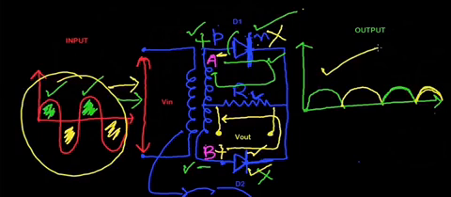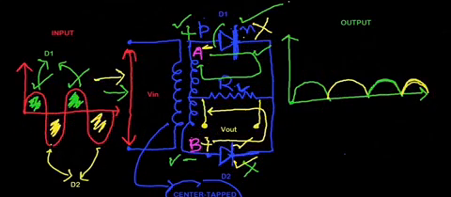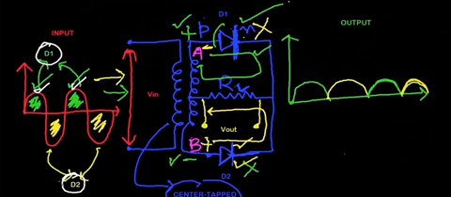That's why we call this a full wave rectifier, because this arrangement has utilized both the positive and the negative ends. To summarize, the positive half cycles will flow through the D1 diode, and the negative half cycles will flow through the D2 diode, when these make D2 forward biased and when these make D1 reverse biased.